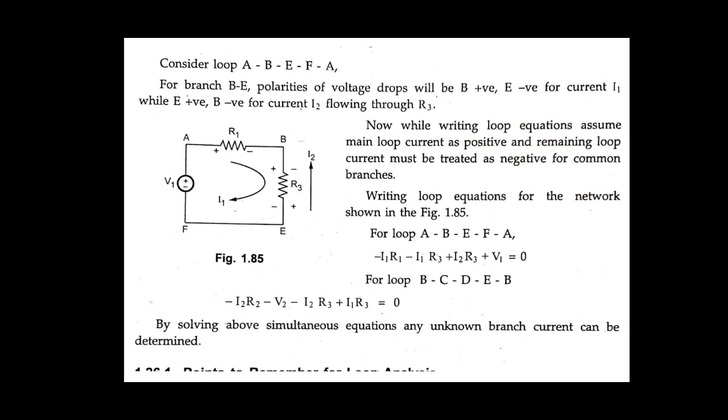Okay, so let us write the loop equations. For loop A, B, E, F and A, we just put the polarities: minus I1 into R1. Next one is minus I1 into R3.